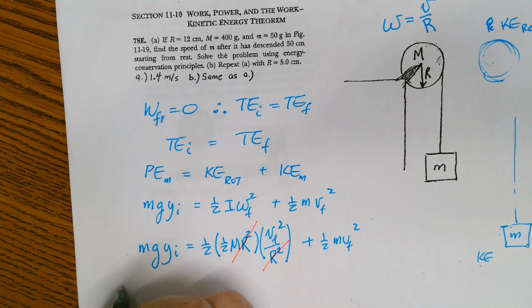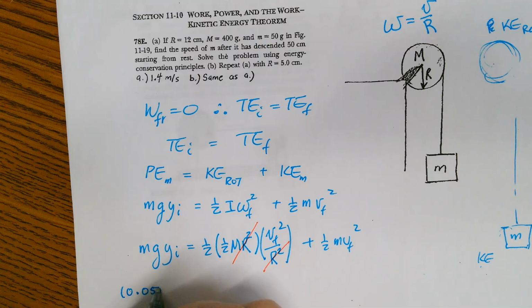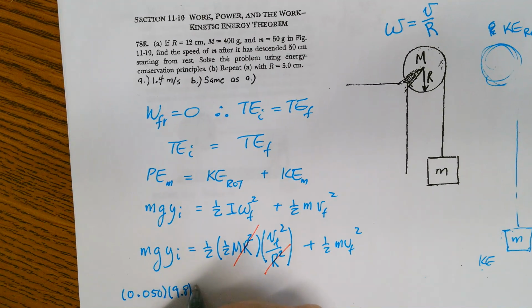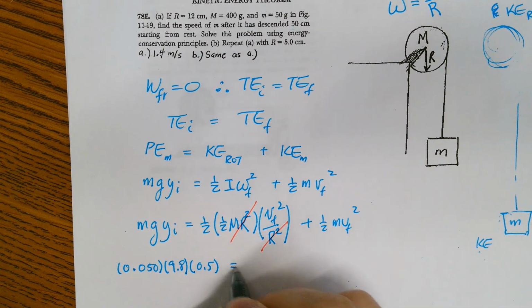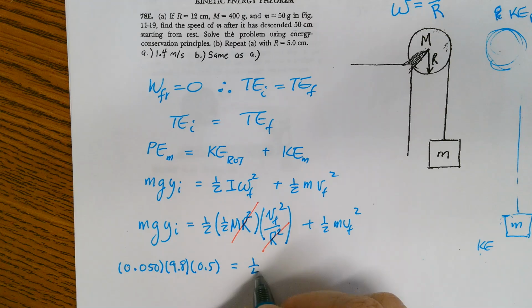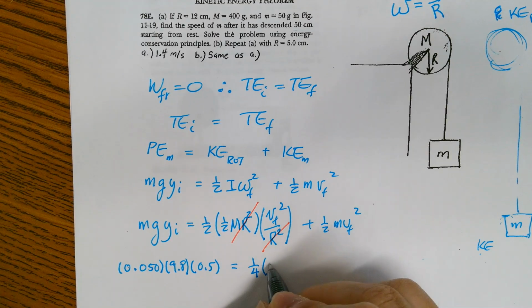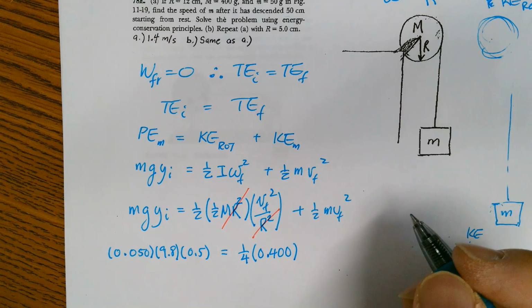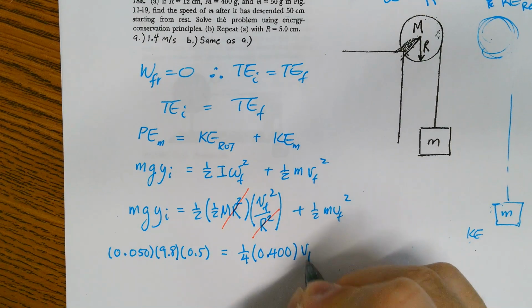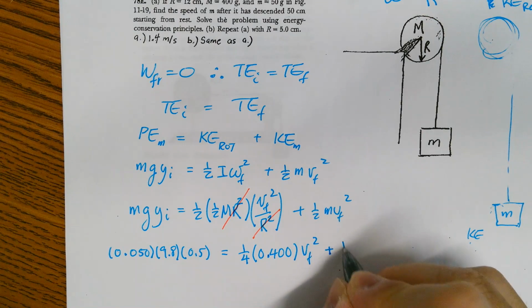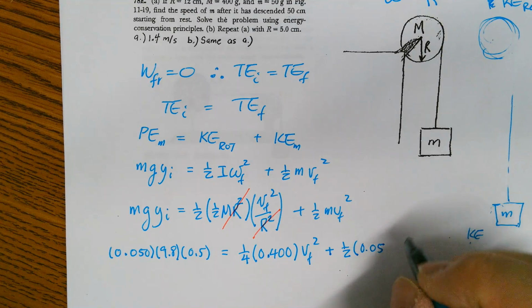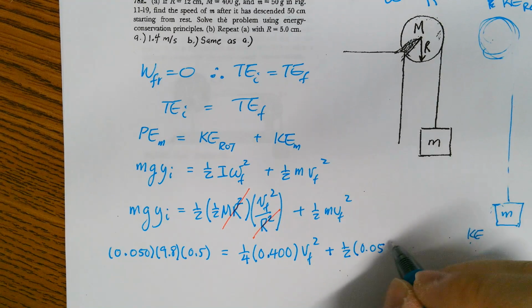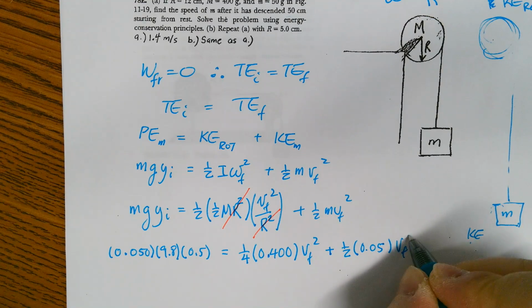Here, this small mass is 0.050 times 9.8 times 0.5 is equal to 1/4 times 0.4 kilograms times VF squared plus 1/2 times 0.05 times VF squared.